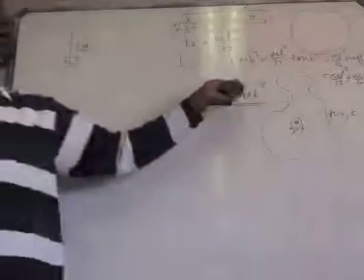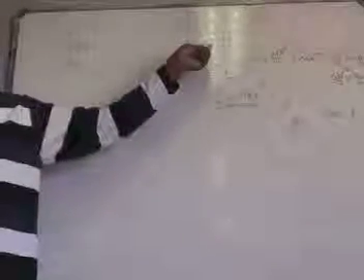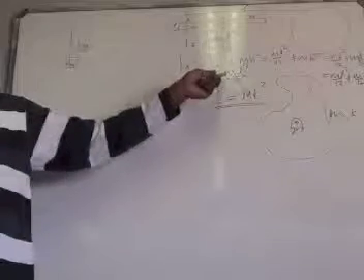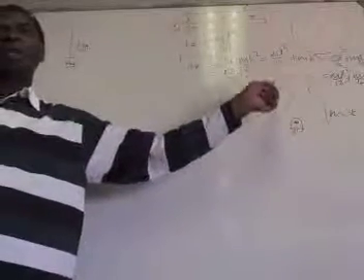This is not the one that you must know. This is the one that you must know. This is derived, and we call this the parallel axis theorem.